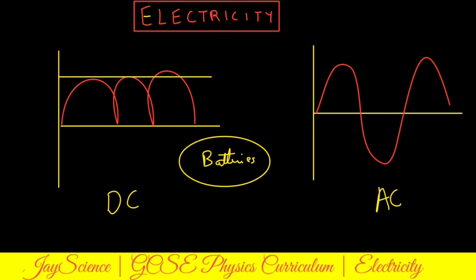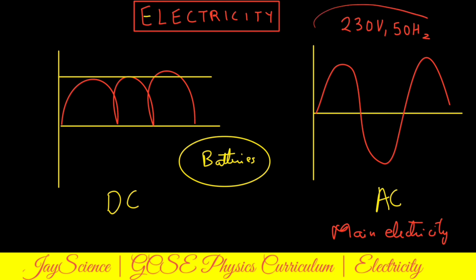And a good example of that is mains electricity. That's the power supply. And in the UK, mains electricity is supplied at a frequency of 50 hertz and 230 volts in terms of its potential difference.